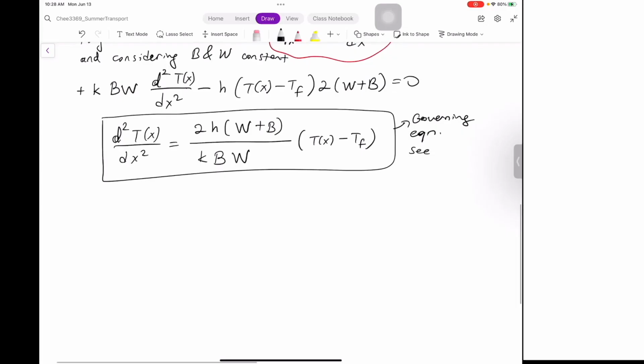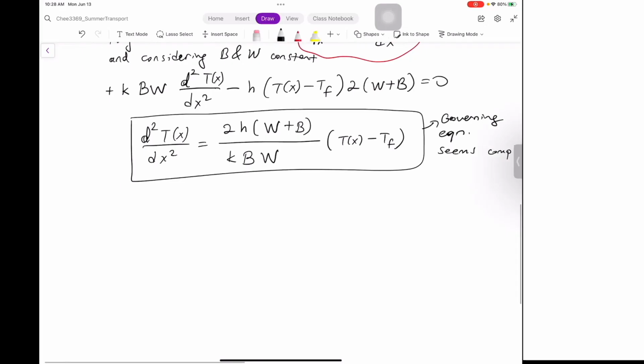Seems complicated. Let's simplify it a little bit.